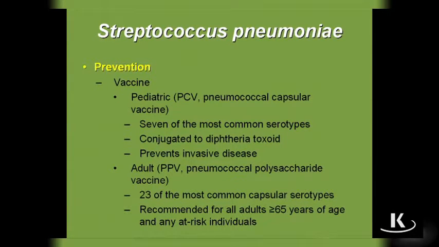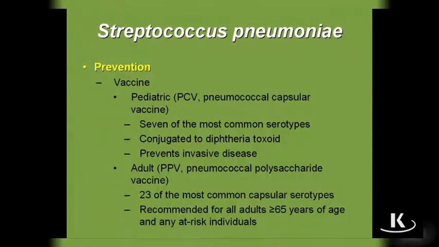So the strep pneumo vaccine is actually one of the recommended vaccines that we give to all children that get routine pediatric care in the U.S., and it covers 7 of the most common serotypes. Now, I just told you strep pneumo is still the most common cause of otitis media and sinusitis. So you're probably like, well, the vaccine doesn't work.